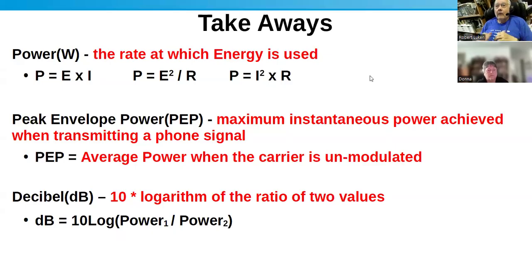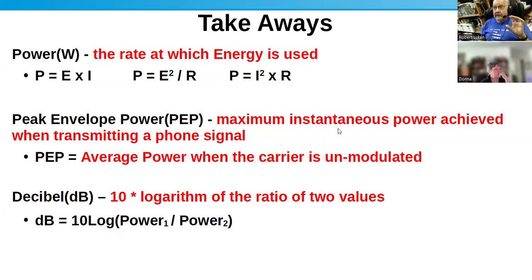Okay. Power is just the rate at which we use energy. And that was Joule's law, where we come up with E squared over R, or I squared times R, which you'll need to use in a couple of the problems. Peak envelope power was the maximum instantaneous power achieved when transmitting.